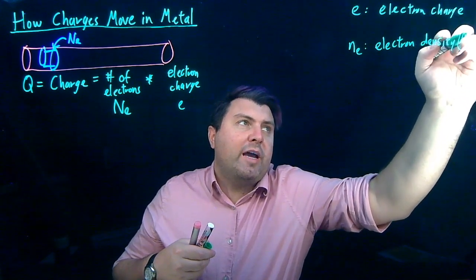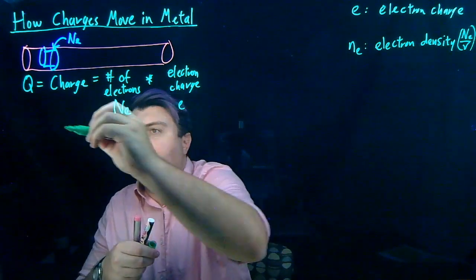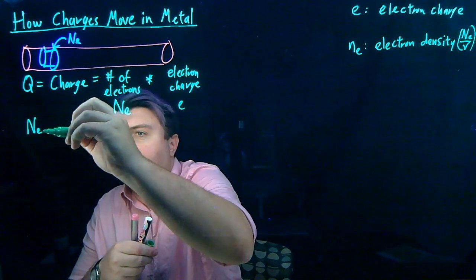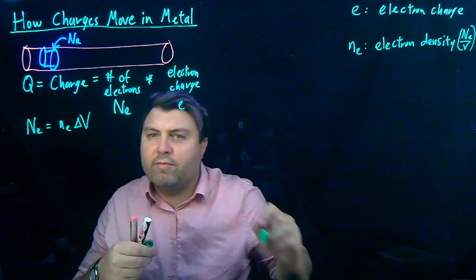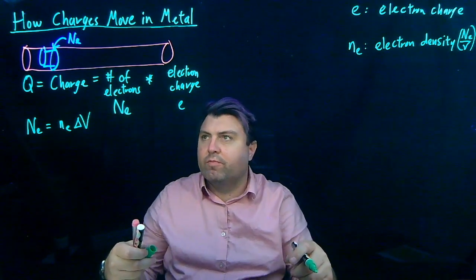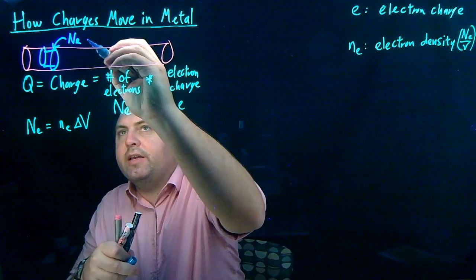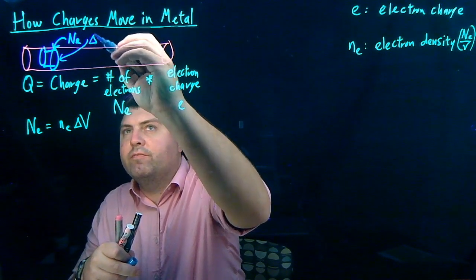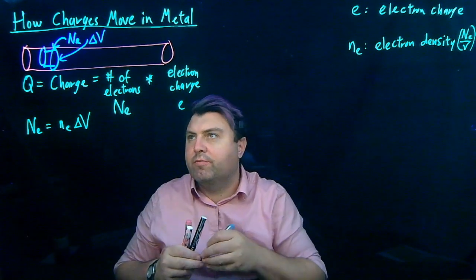This would be capital NE over the volume. So then we can say that our capital NE is a little ne times some differential volume. So what we are saying is that inside of this volume, delta V, we have the electron density times the volume.